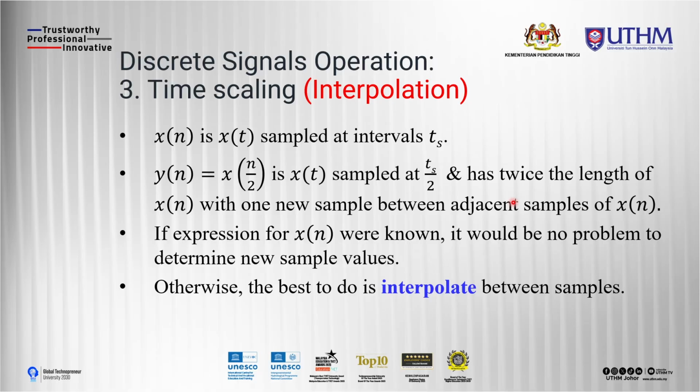One new sample is inserted between every two original samples. This process is called interpolation or upsampling. If we know the exact expression of x[n], we can calculate the new value easily. Otherwise, we estimate the new value by interpolating between the existing samples.